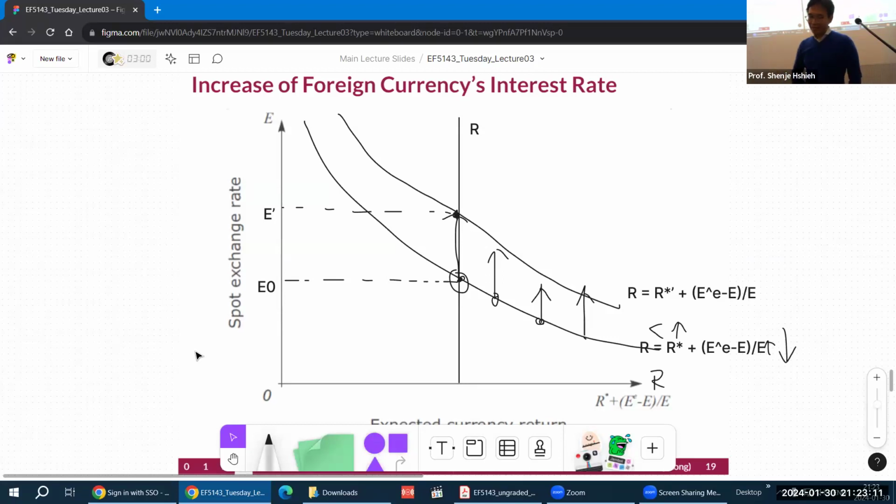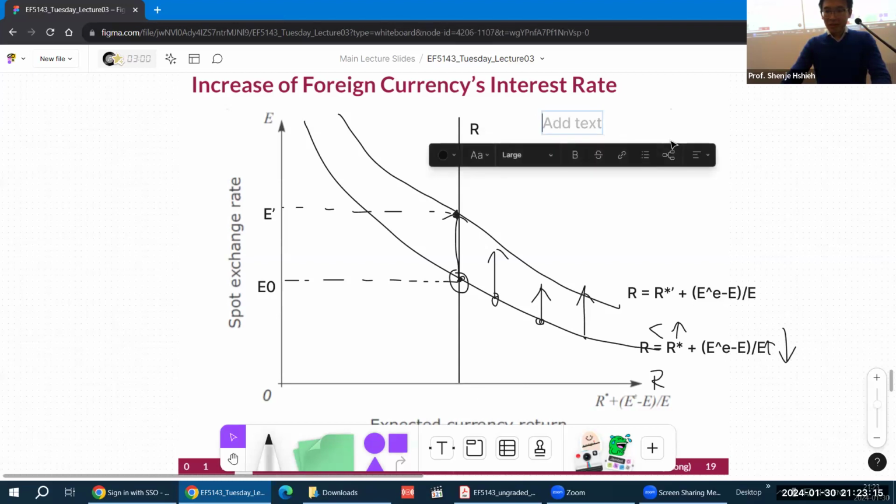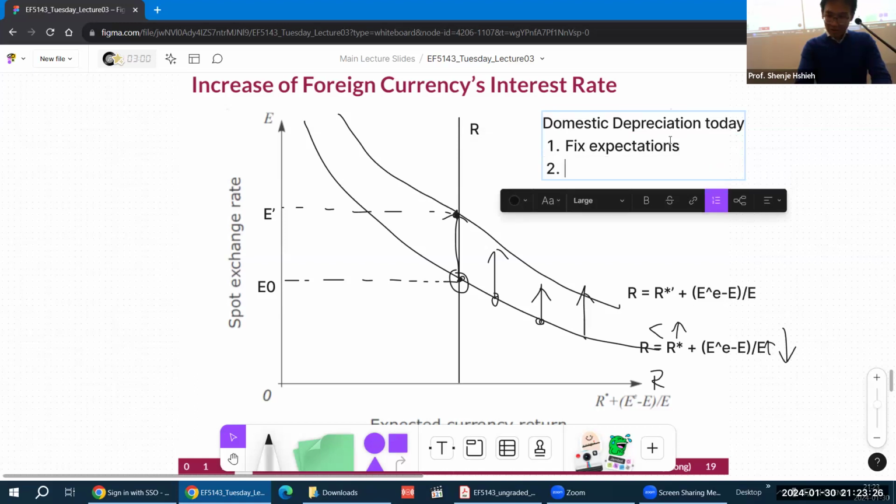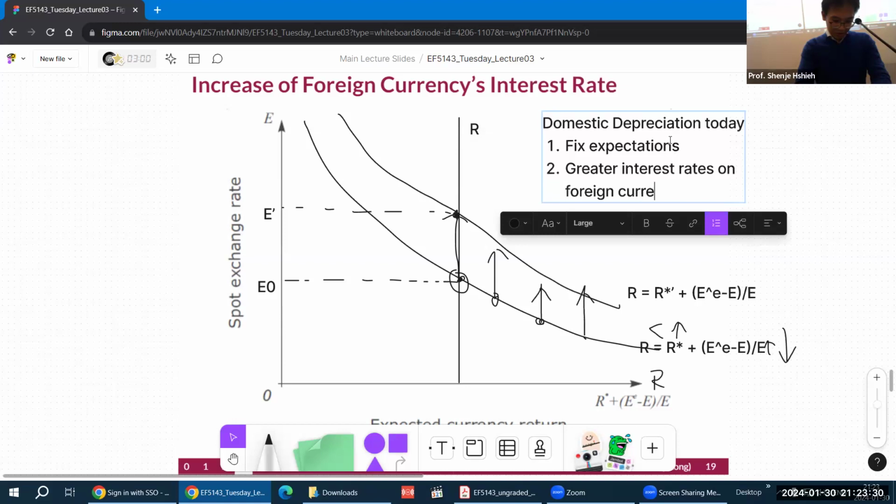So that's the math. That was the graph. Now let's talk about the economic equilibrium argument. Domestic depreciation today, fixed expectations, greater interest rates on foreign currency deposits.